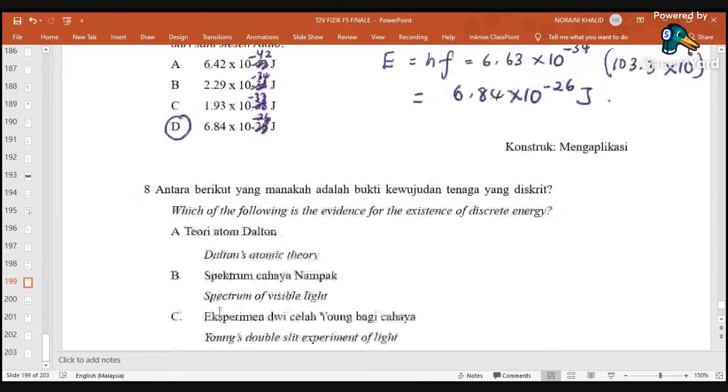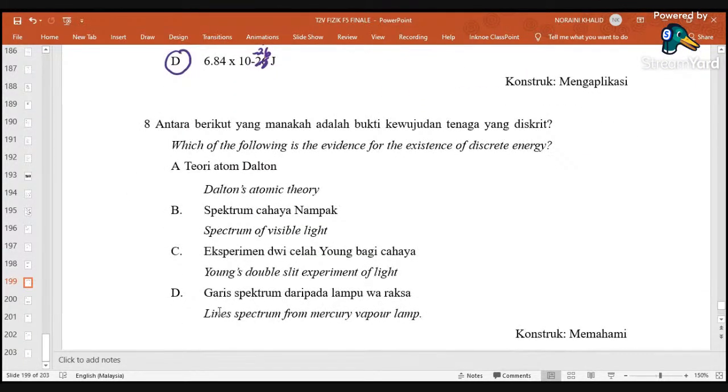Number 8, which of the following is the evidence of the existence of discrete energy? Line spectrum from a mercury vapor lamp and excited electrons will produce radiation in the form of a line spectrum. Each line has its unique wavelength and frequency, so we call it a line spectrum.